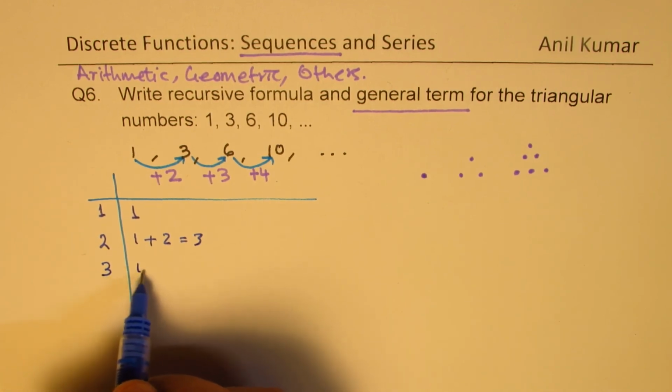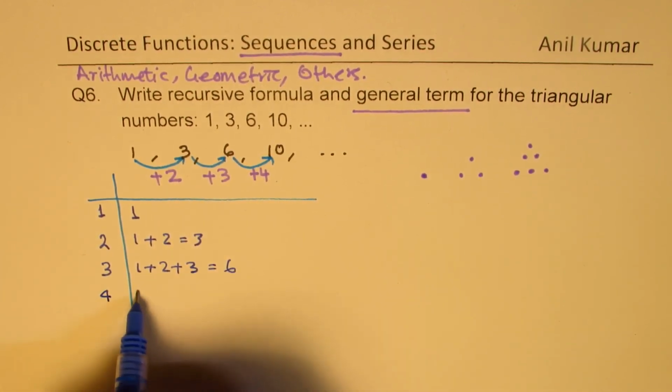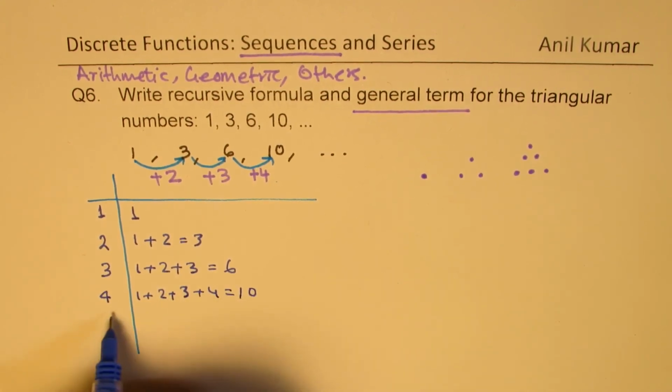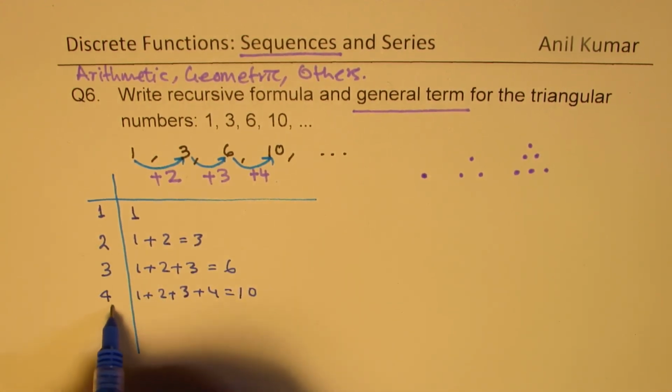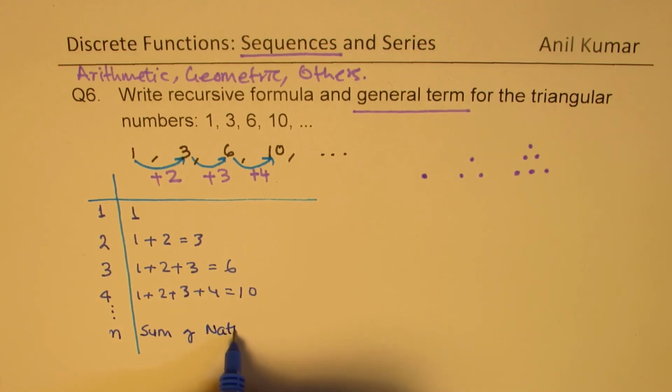The third number is 1 plus 2 plus 3, and we get 6. And the fourth number is 1 plus 2 plus 3 plus 4, and then we get 10. So likewise, what you see is the sum of natural numbers, right? So as you move, the nth number will be the sum of natural numbers.